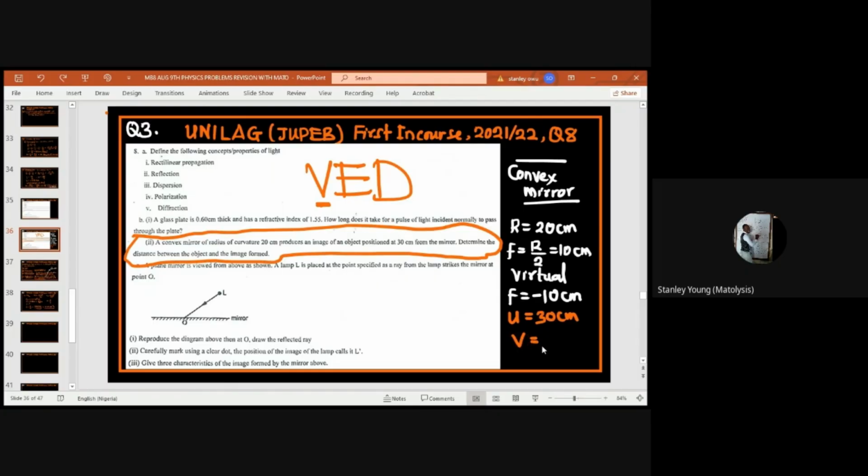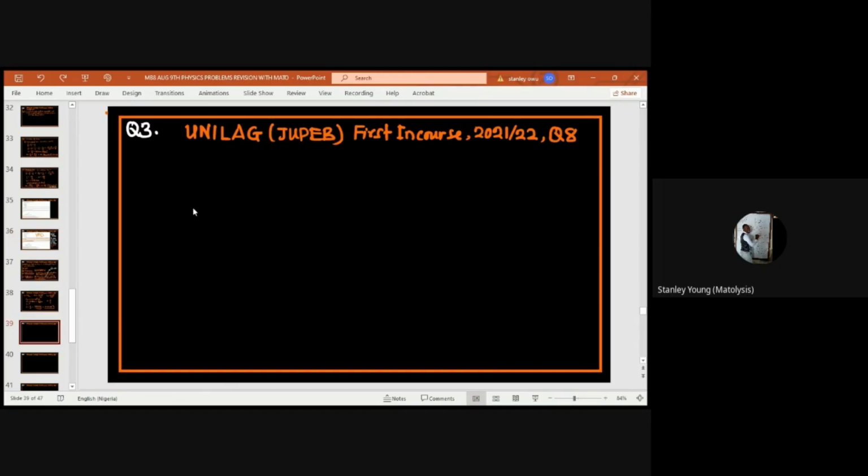This is how you would know if your step is correct, because you need a negative value for V to confirm that it is virtual. F is negative 10 centimeter. U was given as 30 centimeter. We need V.